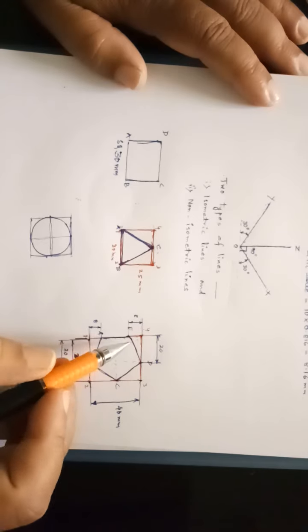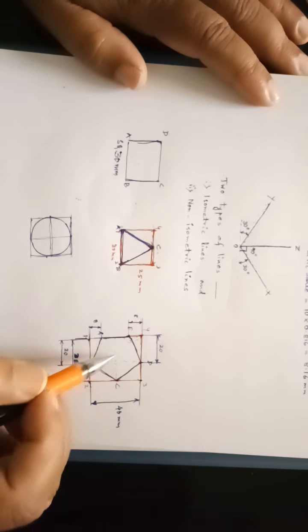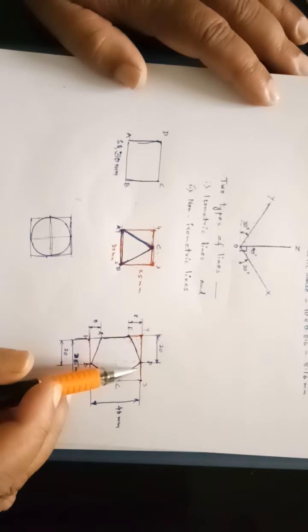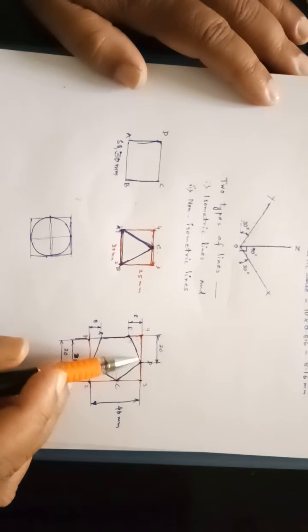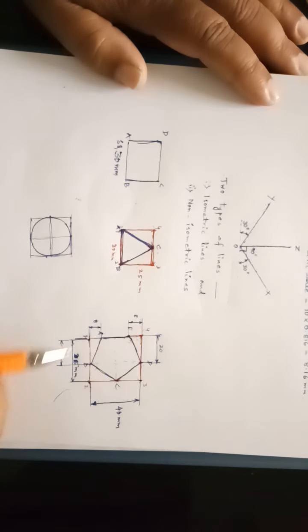So draw the pentagon of 30 mm, enclose it in a box as you have done. Okay, so now first transfer this box to the isometric and then transfer the endpoints of the pentagon to isometric, as I have shown you in the previous video.